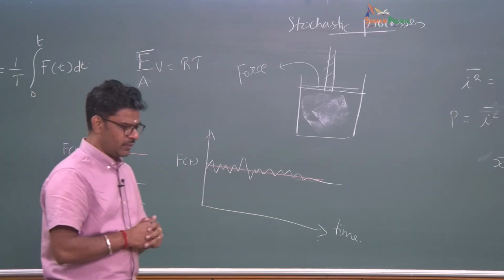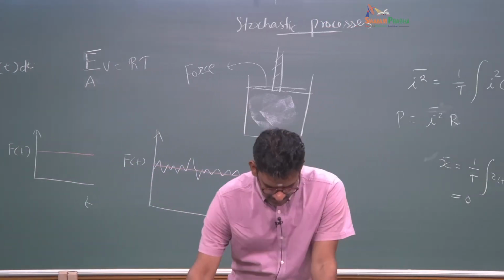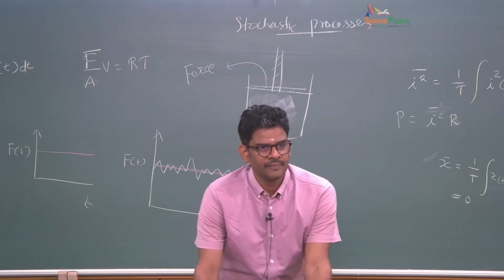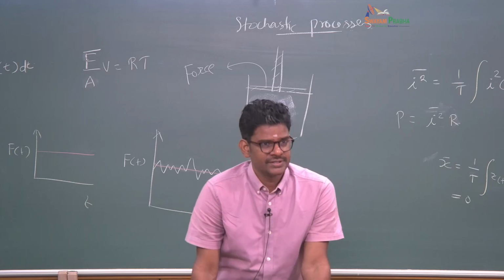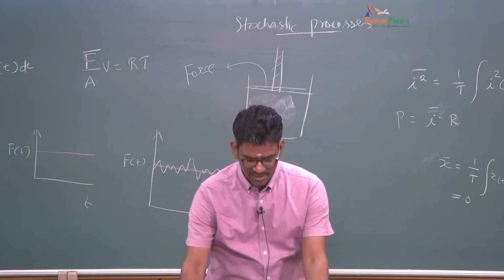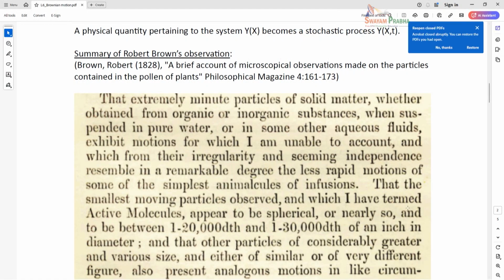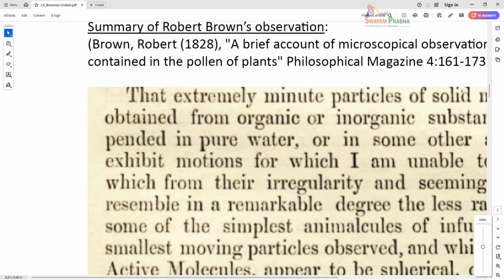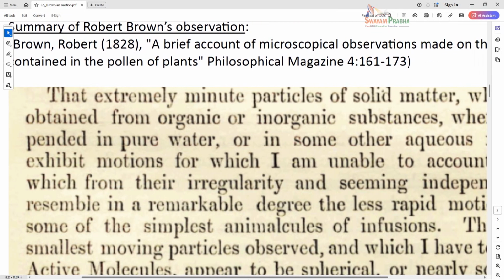So what I want to do now is show you the fundamental work done by Robert Brown in the 1800s about the observation of Brownian motion. I'm going to show a small summary. The paper was published in 1828, and I have just taken the summary from his paper.